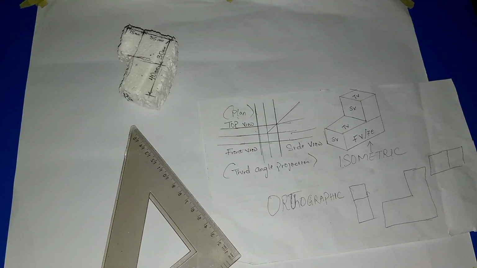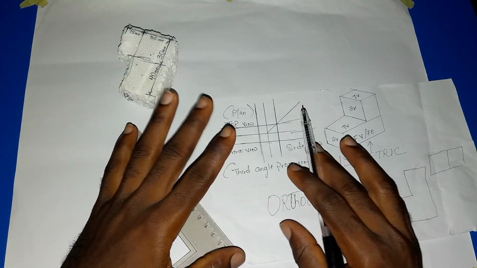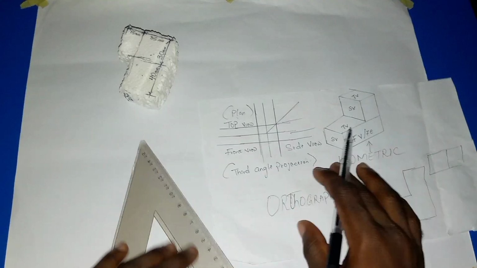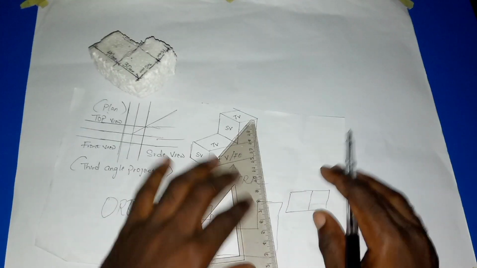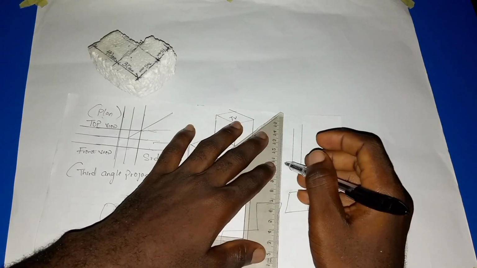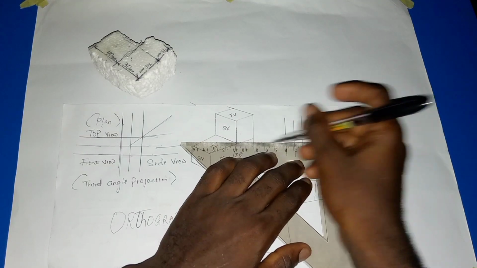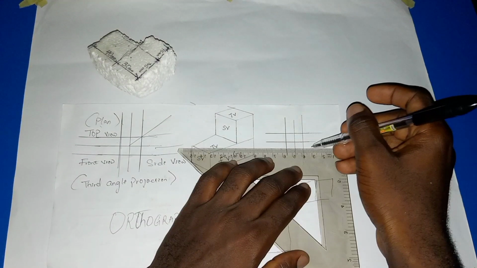So we have seen this as third angle projection. We also have what we call a first angle projection, which is actually the opposite of the third angle projection.